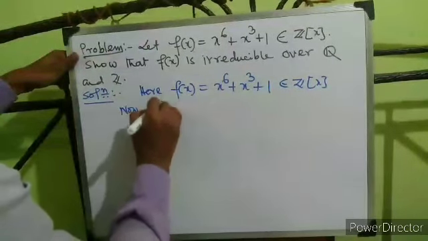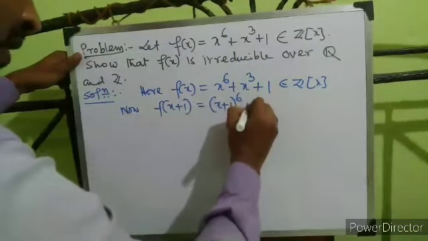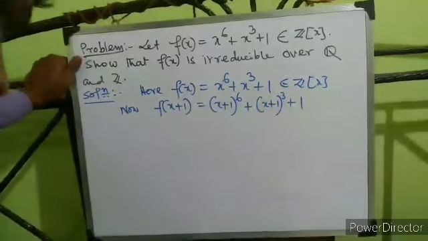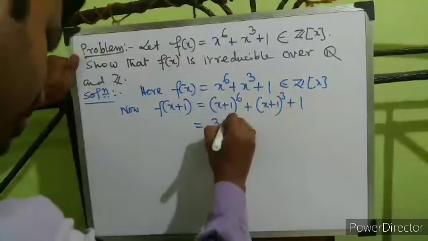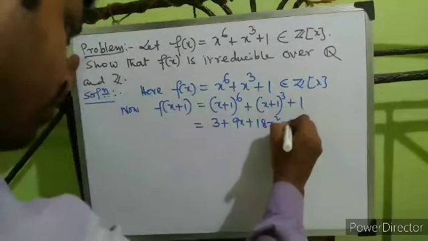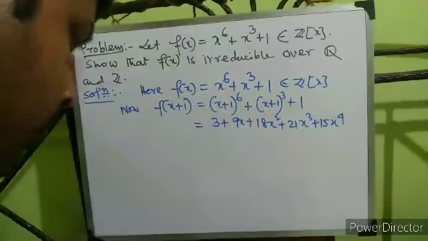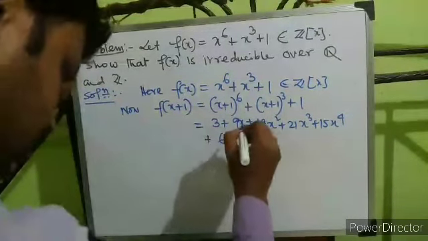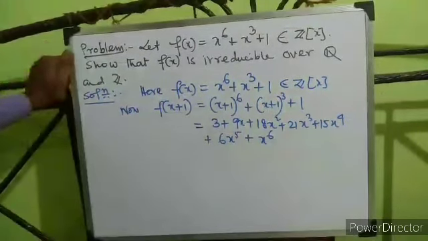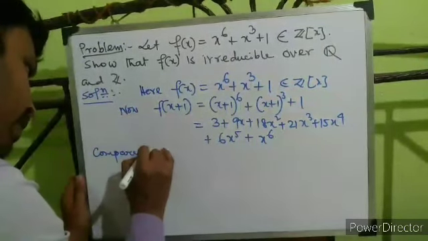Now f of x plus 1 is equal to x plus 1 whole to the power 6 plus x plus 1 whole to the power 3 plus 1, and this we write as 3 plus 9x plus 18x square plus 21x cube plus 15x to the power 4 plus 6x to the power 5 plus x to the power 6 if we simplify.